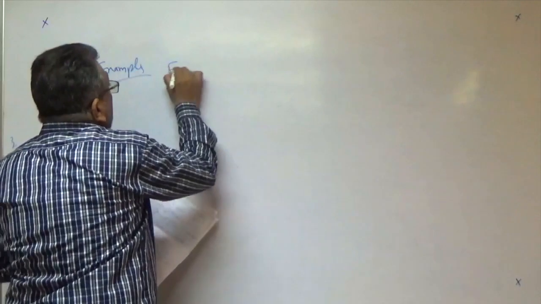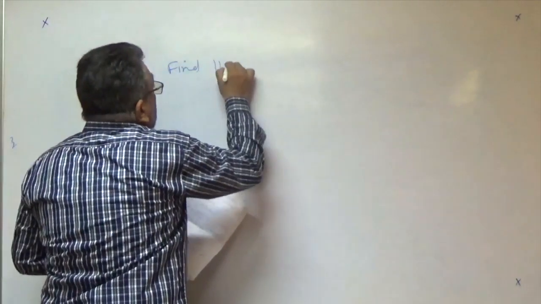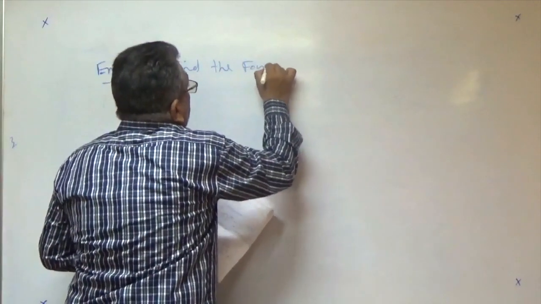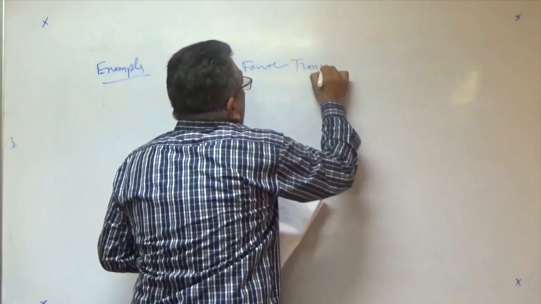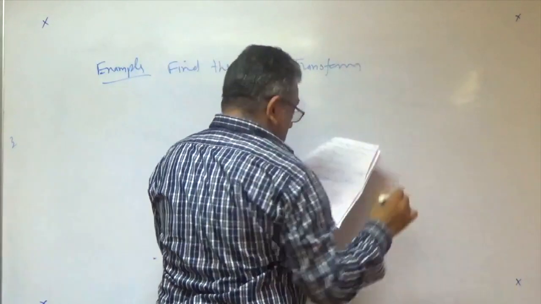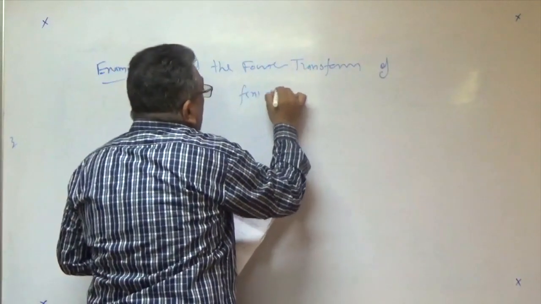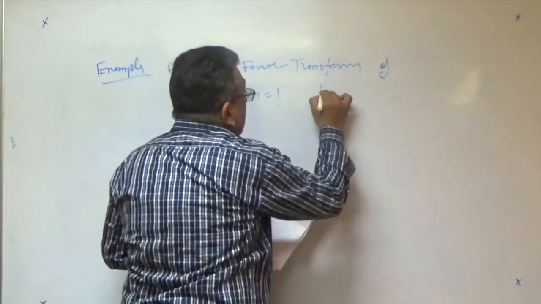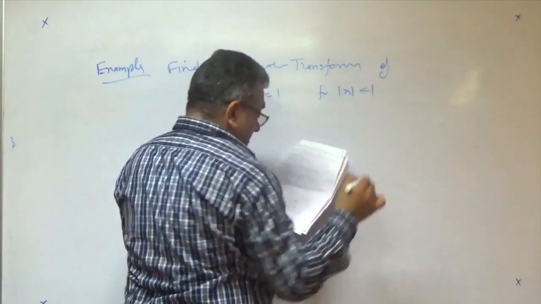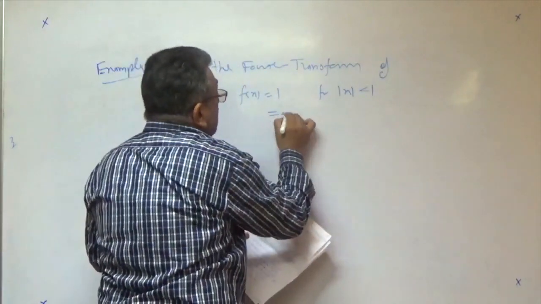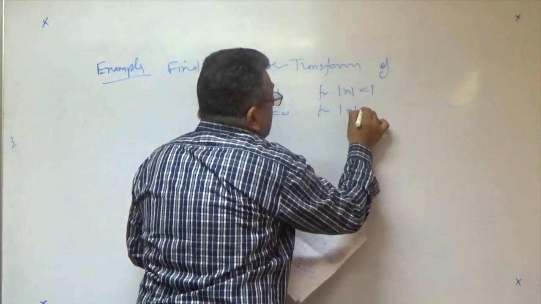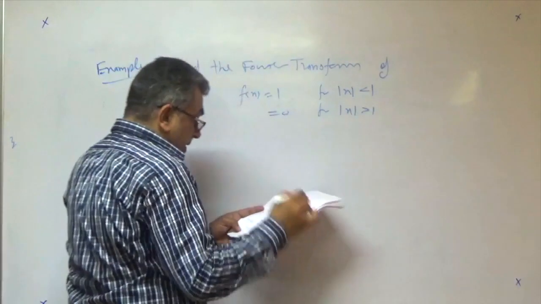Find the Fourier transform of f(x) equal to 1 for mod x less than 1, and equal to 0 for mod x greater than 1.